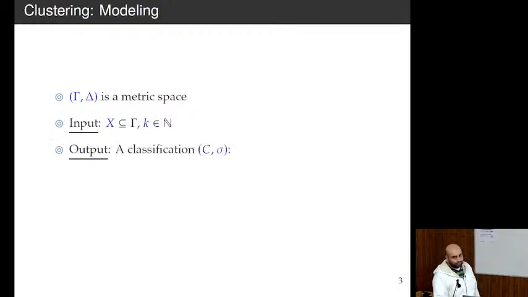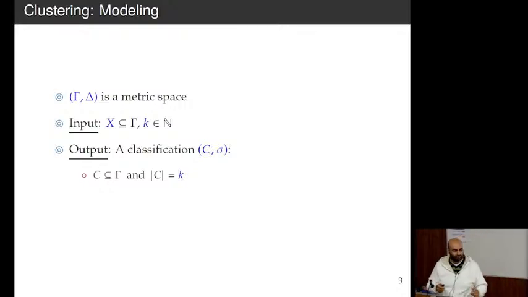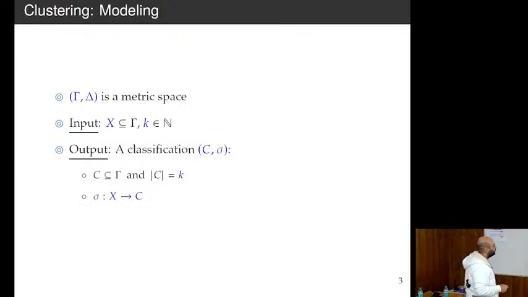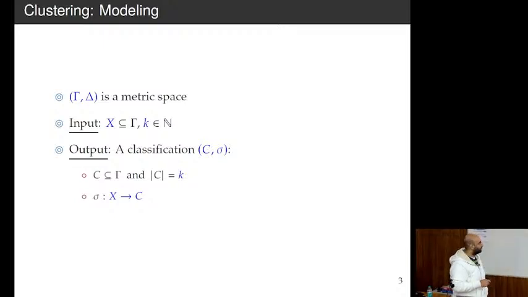What you want to output is a classification, which is a pair C and σ, where C is a subset of the metric space of size k. These are your k centers, and σ is a mapping of every input point to a center in C. This would be a clustering, and you want σ to be good, and there are various ways to model what is good.